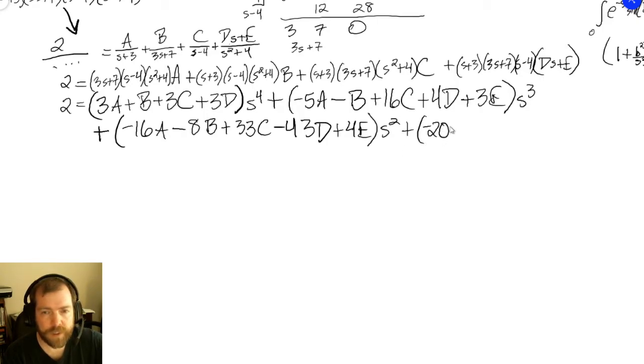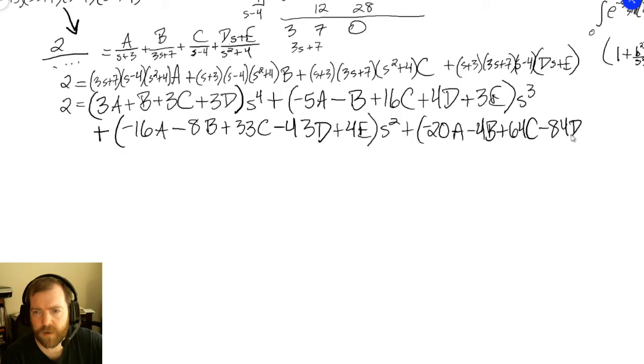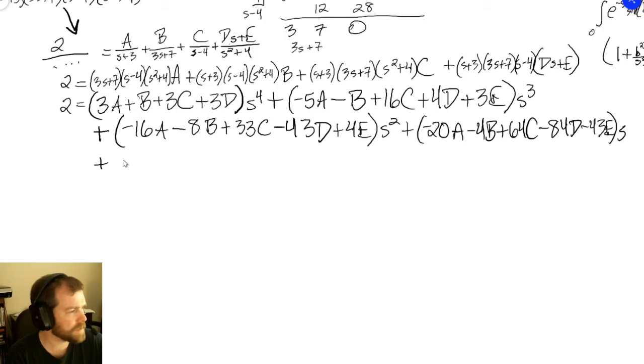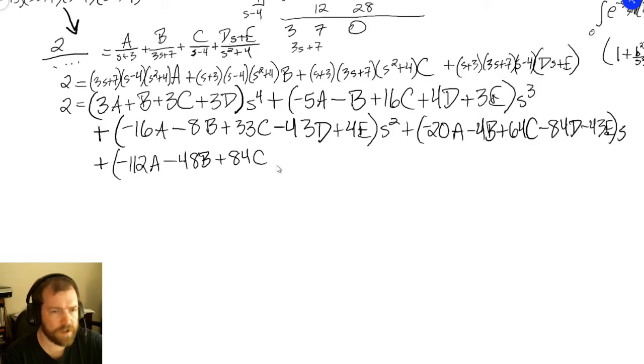Plus a negative 20a, minus 4b, plus 64c, minus 84d, minus 43e times s, plus the constants, which are going to be negative 112a, minus 48b, plus 84c.